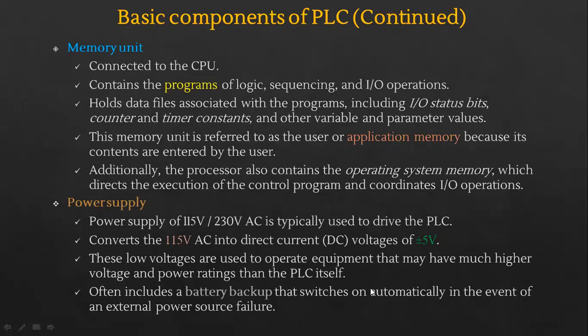It often includes a battery backup as well, that switches on automatically in the event of an external power source failure. Inside the CPU unit, you have a dedicated compartment for battery backup also, in some systems, in some PLCs. As is mentioned, in the event of an external power source failure, it should continue for some time, right?